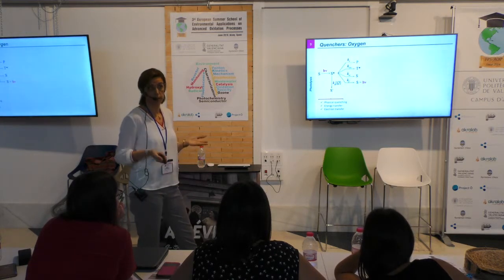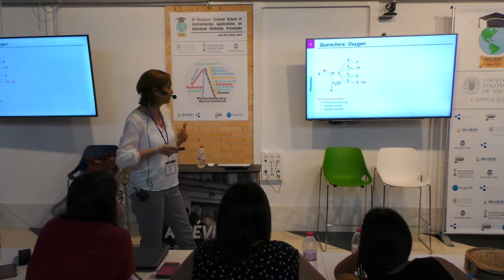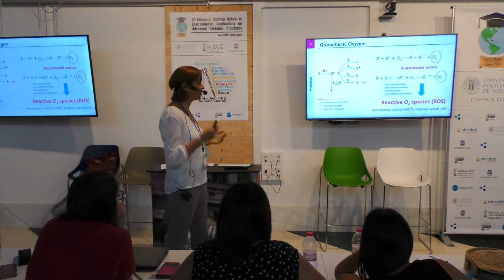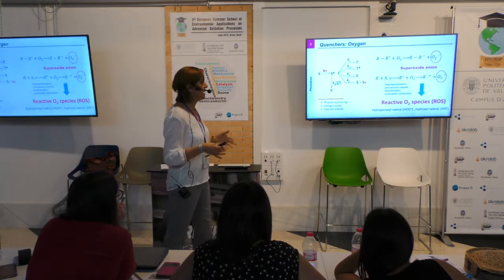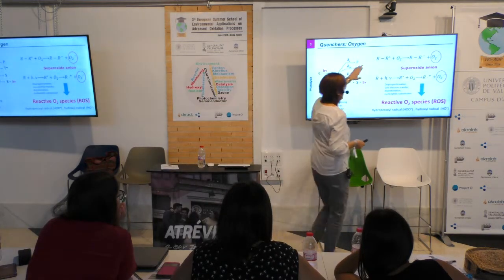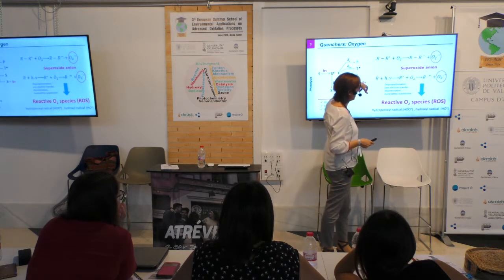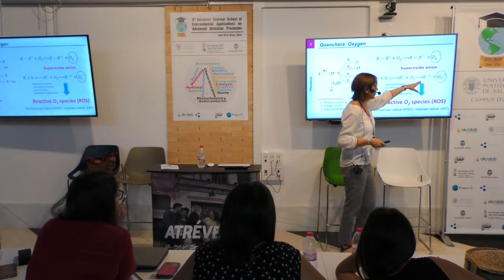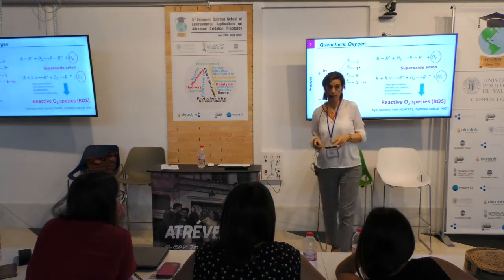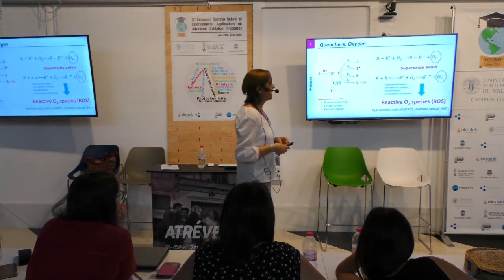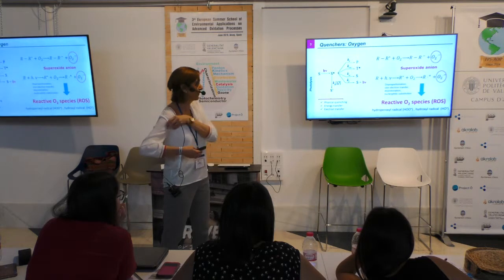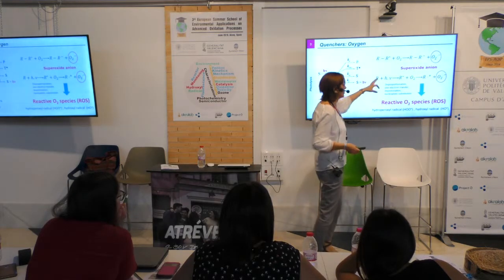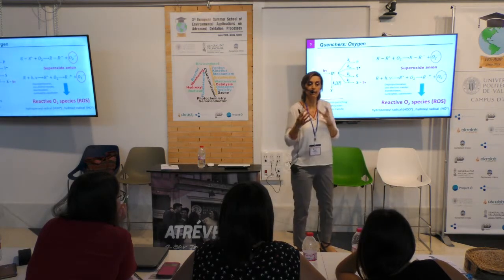Both in natural waters and in water treatment, one of the common compounds is oxygen. If oxygen is present in the system, it can be easily reduced from the reactions previously explained, the radical pathway, generating the superoxide radical anion. The superoxide radical anion is a quite reactive species that can react as a reductor, in deprotonation, nucleophilic substitution, different types of reactions.